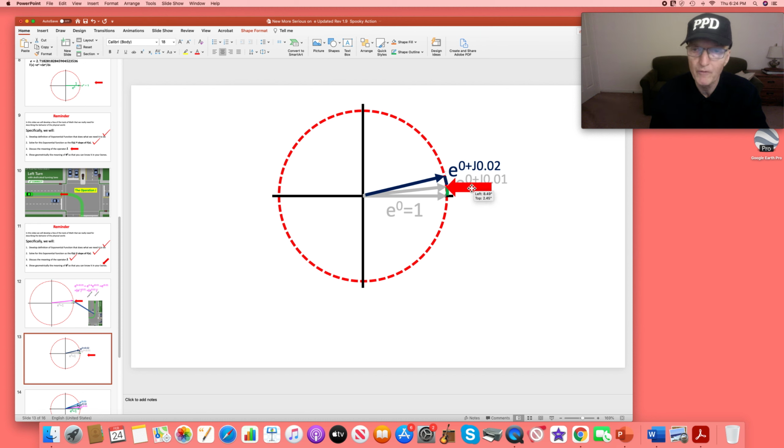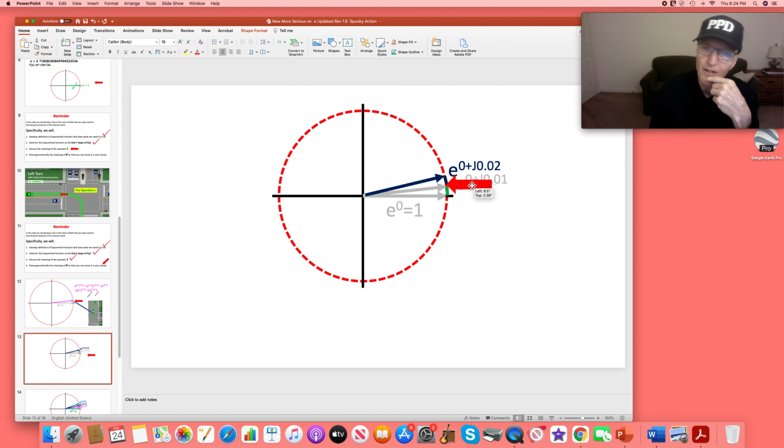Then in order to perform this function, it's equivalent to operating on it by doing e to the j 0.01. That gives you e to the j 0.02. So I stick another one in there, and I'm doing a hard 1/4 turn to the left on this arrow, this little vector. And it gives me that little increment.